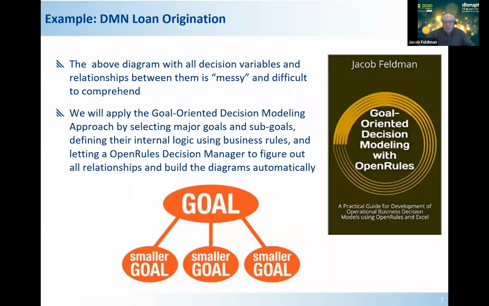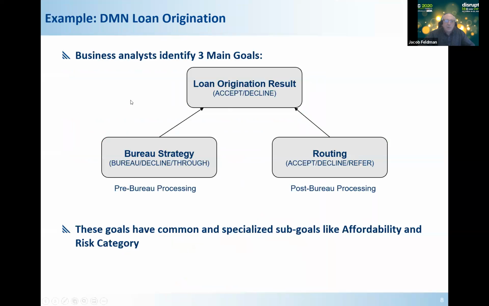Okay, so let's proceed. We already said that to define the loan origination result, accept, decline, or refer, is our top-level goal. But to achieve this goal, we have two sub-goals: bureau strategy and routing. We will call this pre-bureau processing, and this is post-bureau processing.